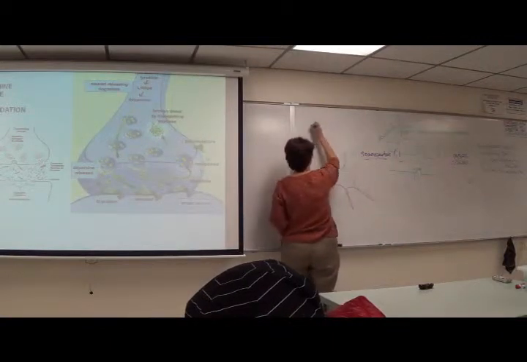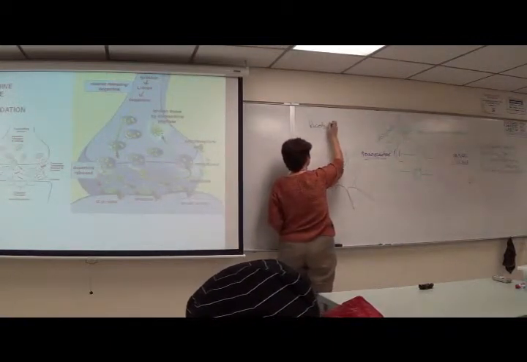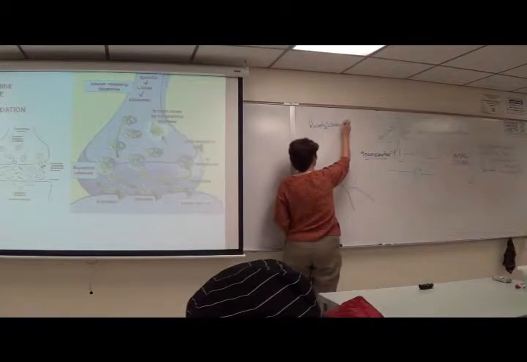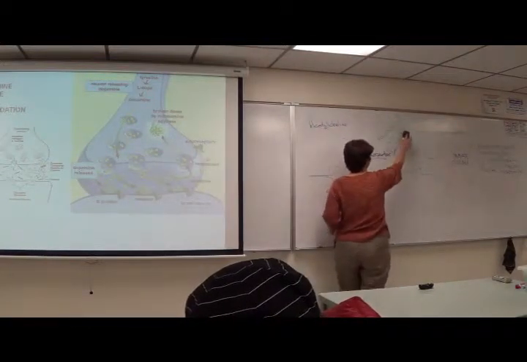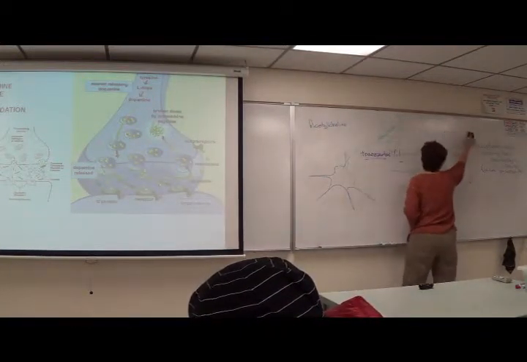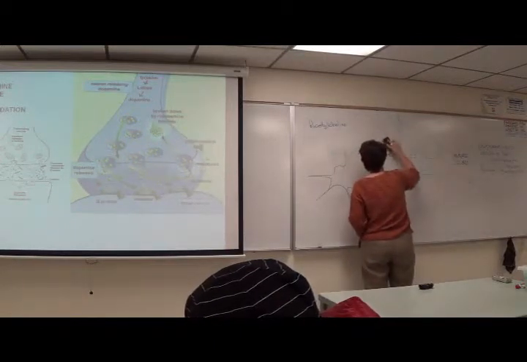So now let's look at acetylcholine. Acetylcholine is actually broken down by an enzyme produced by the postsynaptic neuron.